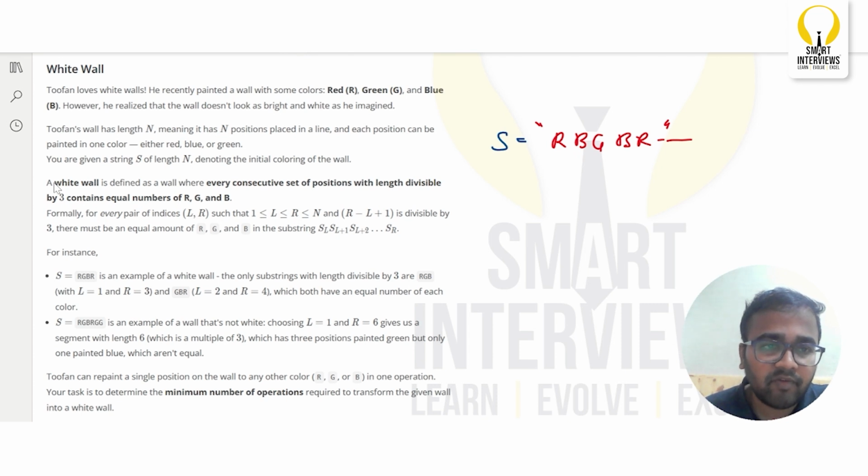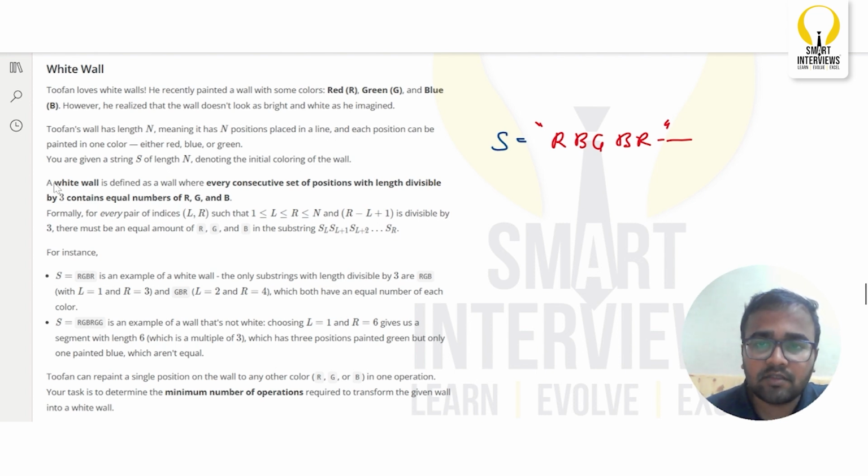Formally, for every pair of integers L and R such that 1 is less than or equal to L, less than or equal to R, less than or equal to N, and R minus L plus 1 is divisible by 3, there must be an equal amount of R, G and B in the substring S_L, S_(L+1), and so on till S_R.